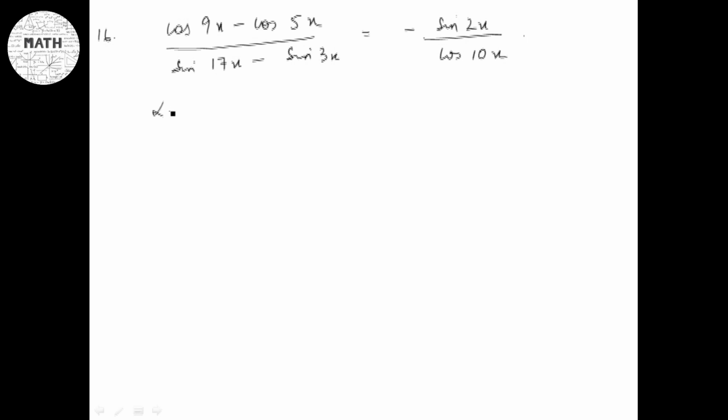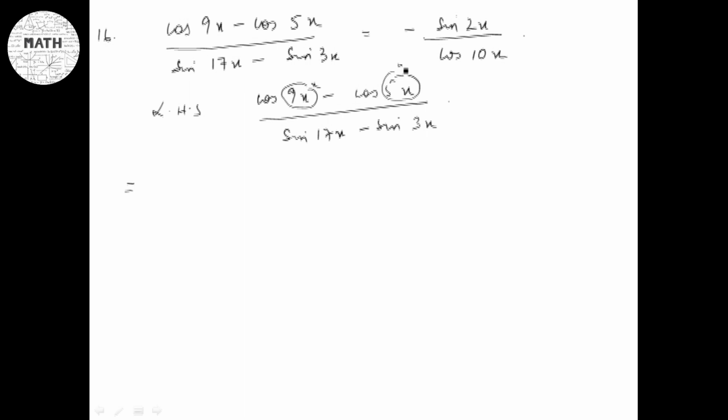So again, in a similar way, let me take your left hand side. That will be (cos 9x minus cos 5x) divided by (sine 17x minus sine 3x).